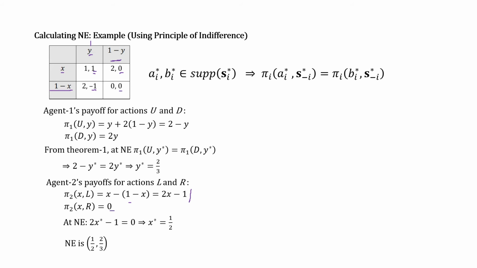So what we must have, using the principle of indifference, is that twice x minus 1 must be equal to 0, whence x star is equal to half. So this is the Nash equilibrium of this game, half and 2/3. In other words, agent 1 plays up with a probability of half, and agent 2 plays left with a probability of 2/3.